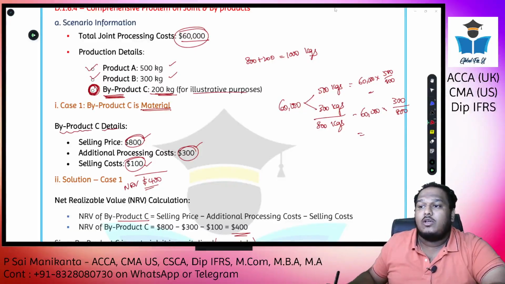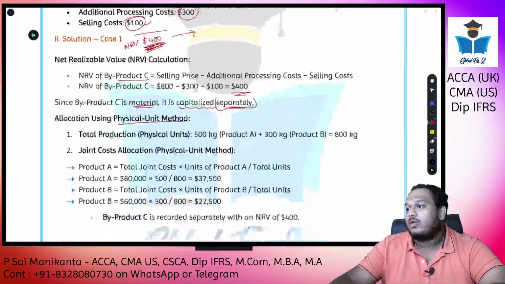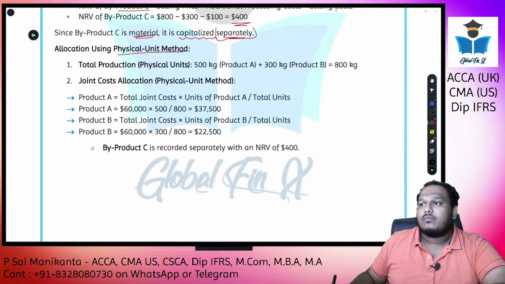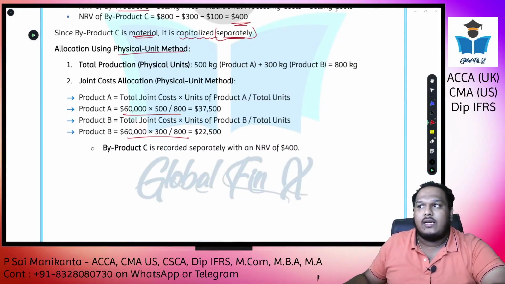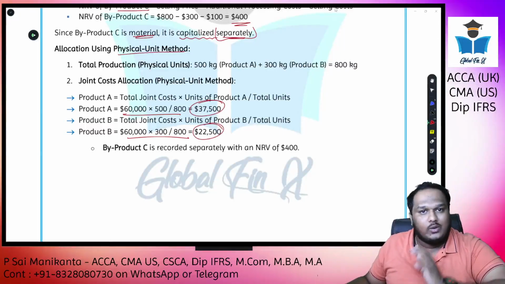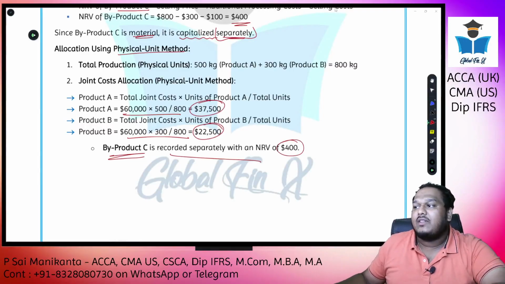Then, sir, what shall we do with this product C, 200 kgs? What we'll do? NRV is 400, right? So this 400 will be treated as a separate revenue account. See, product A, product B, total: 60,000 into 500 by 800, 60,000 into 300 by 800, 37,500 and 22,500 will be allocated individually to product A and B, and product C is recorded separately with the NRV of 400.